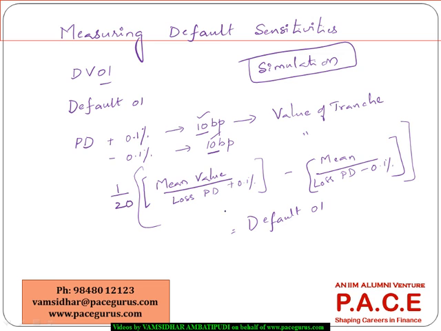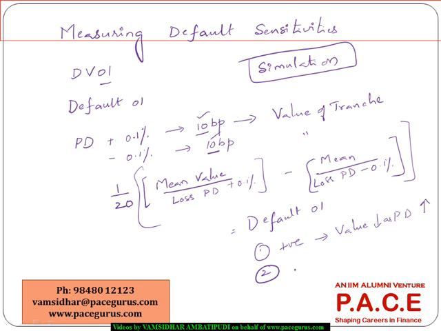And what I typically notice in this case is the default 01 is generally positive only, which means the value will come down as the probability of default increases, which is what we have seen from our previous expression also.